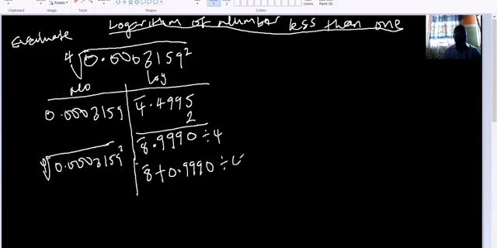Then divided by 4. Again, as I told you that time, you take the absolute value of this, which is going to be 8 now. 8.9990, so divided by 4. Then you write down your answer with bar. So you will have bar 2.24975. So this is what you have.